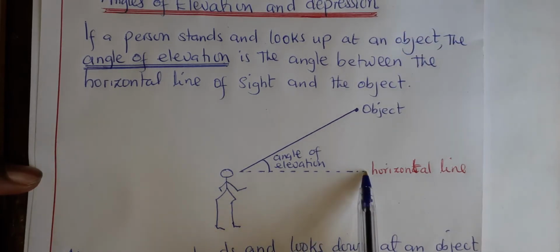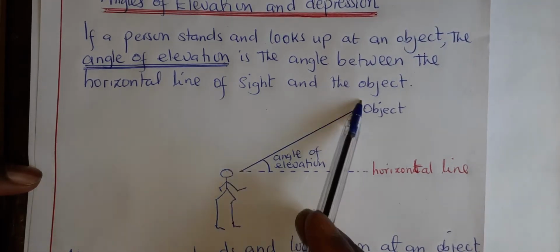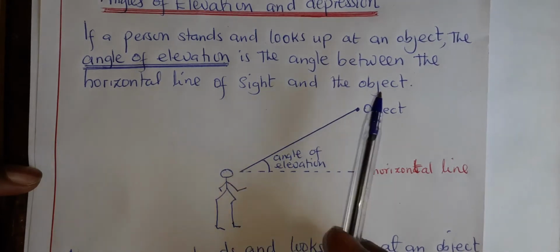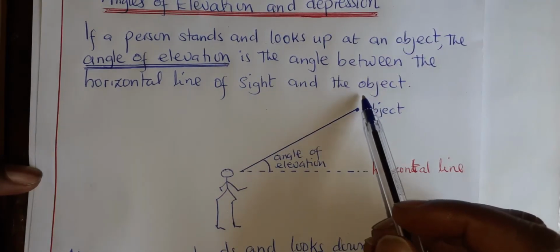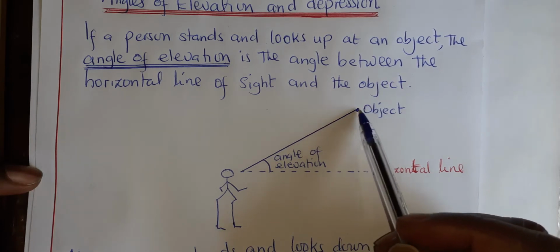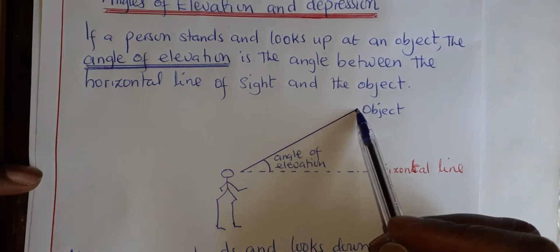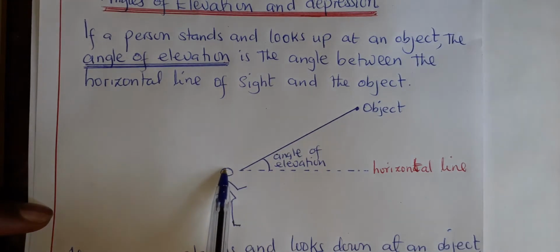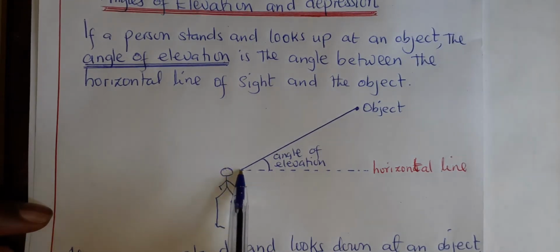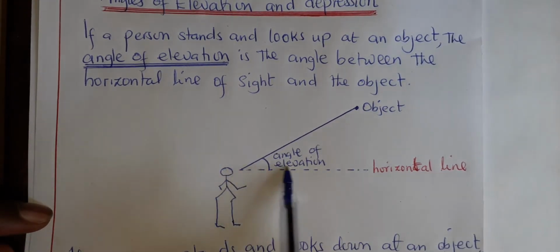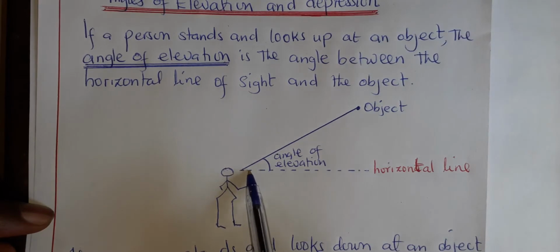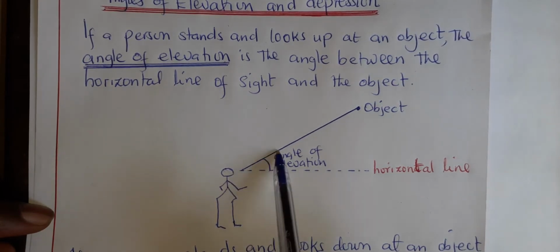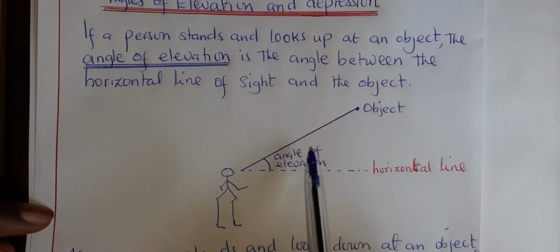So when this person looks up at an object, the line of sight shifts from the horizontal line to the object.